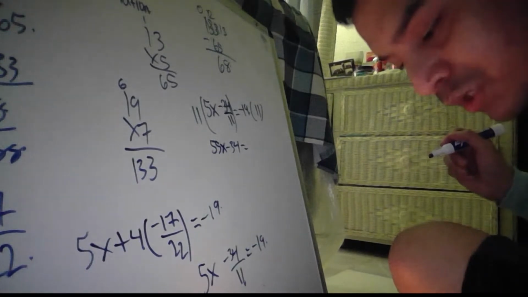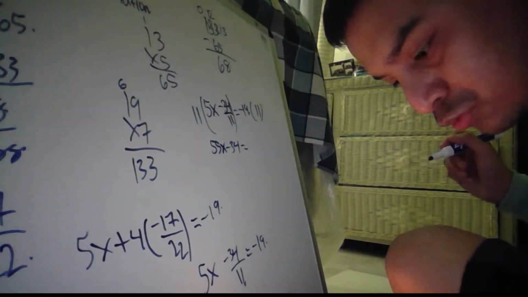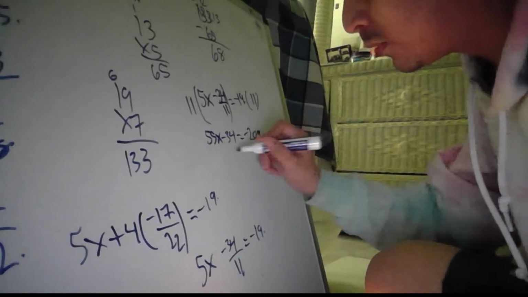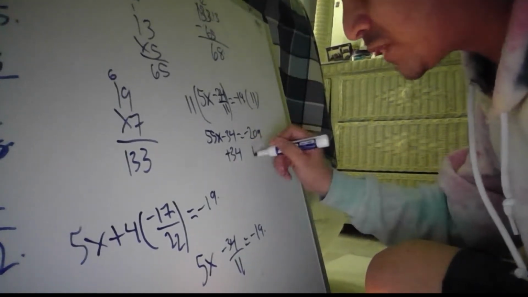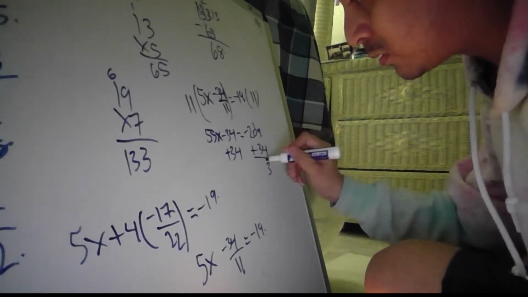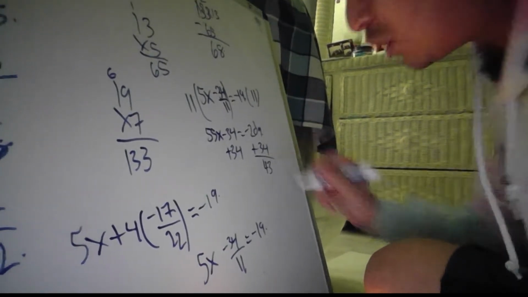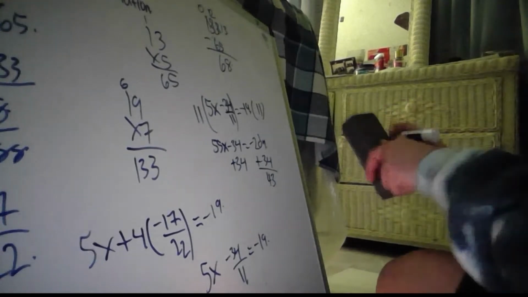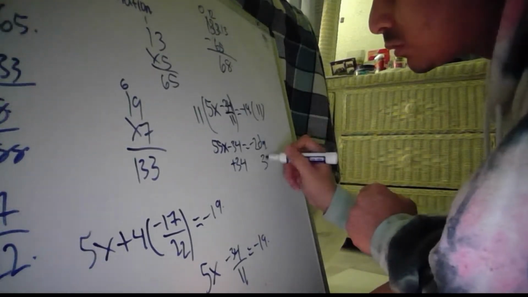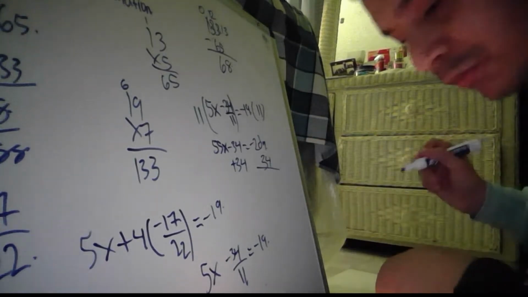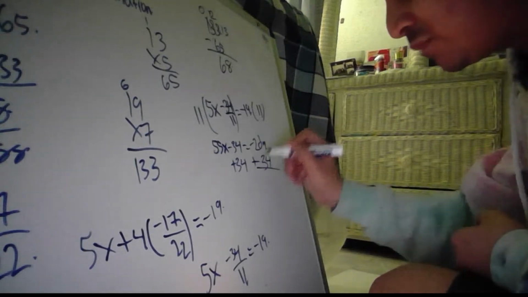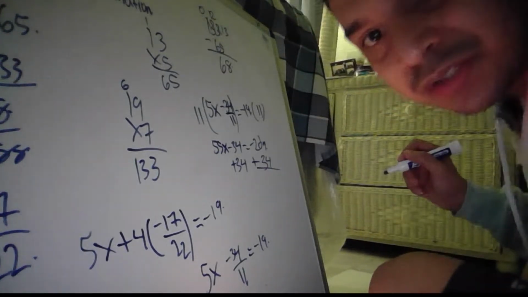So that would be negative 209. We add 34 on both sides. Oh, oops, my bad. We're adding, but because it's negative, we're subtracting.